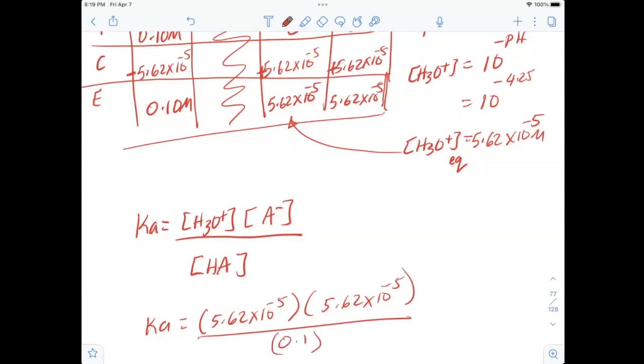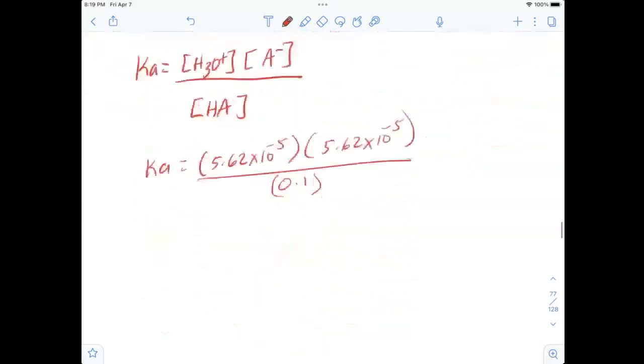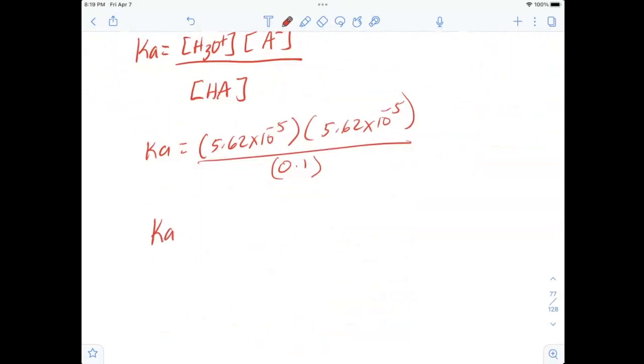Can I go back? Open parentheses, 5.62 exponent negative 5, close parentheses, square that, divided by 0.1. I get a Ka that's equal to 3.16 times 10 to the power negative 8.